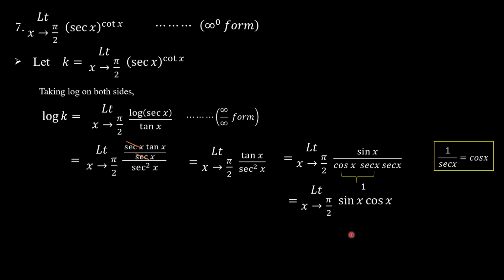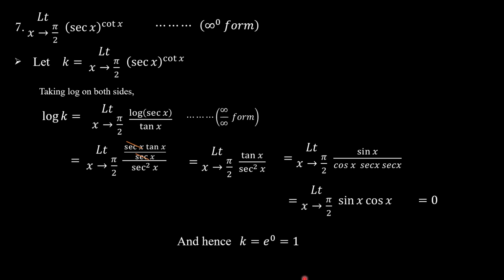Now apply the limit. Since cos pi by 2 is 0, therefore log k becomes 0. Hence, k is equal to e to the power 0, which is equal to 1. Next problem.